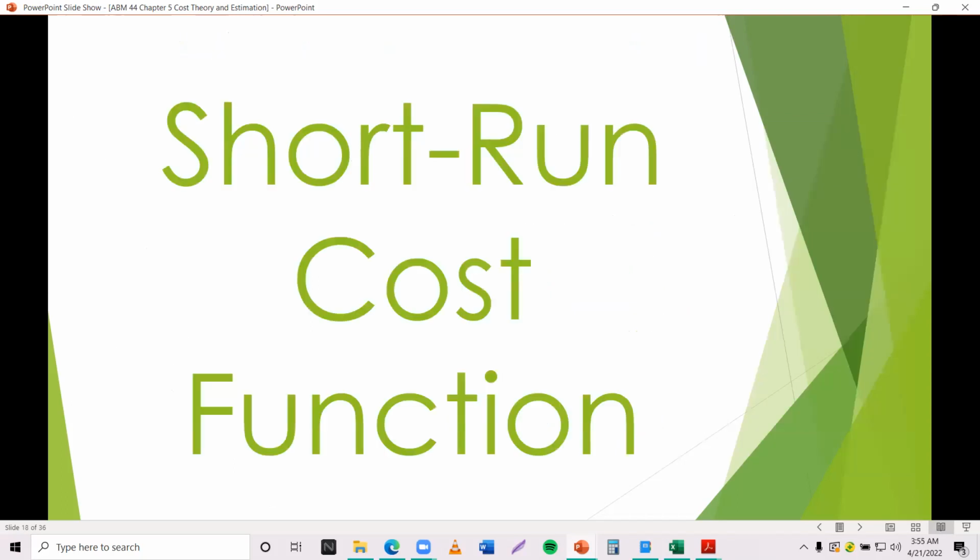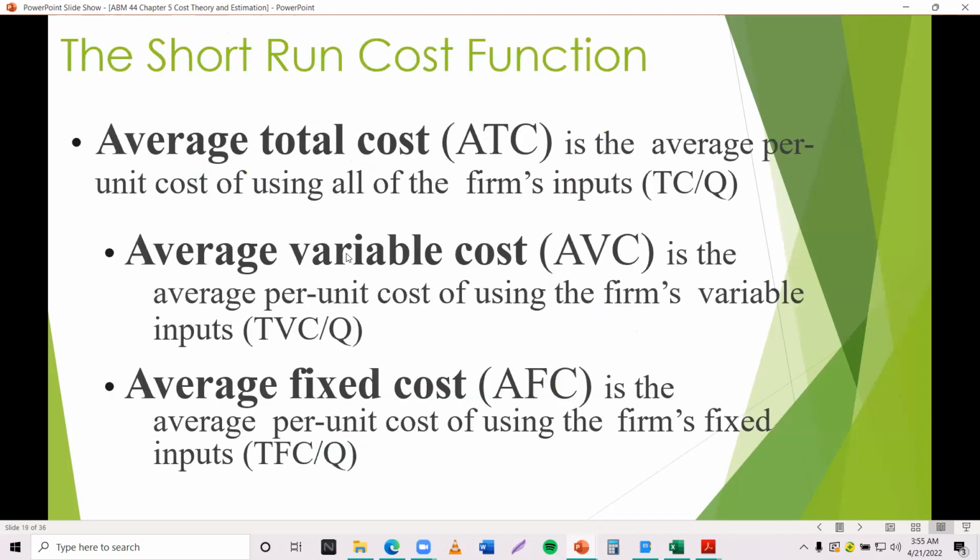We also have what we call the short run cost function. We have at least two types of cost functions here, short run and long run. In the short run, we have the total average cost. These are some of the costs found in the short run cost function. We have ATC or average total cost.